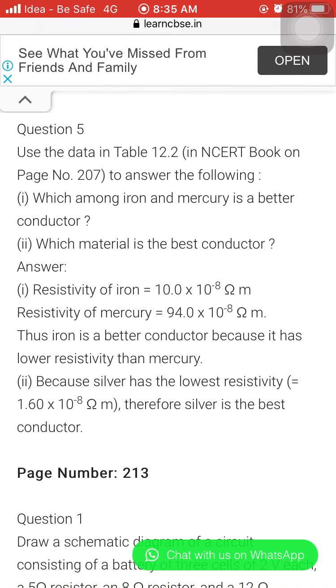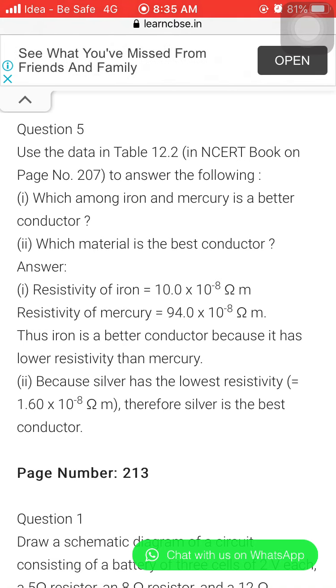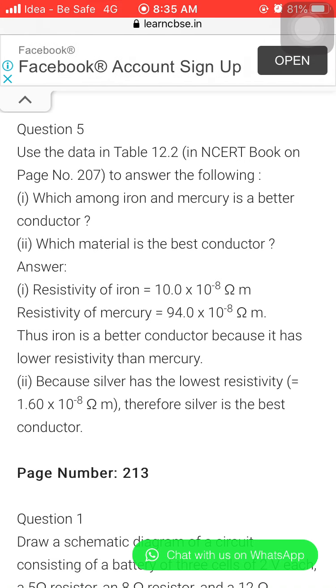Sorry, what we find here is that mercury has a higher resistivity. Higher resistivity means it obstructs the flow, whereas iron, having low resistivity, easily allows the current to flow, so iron is a better conductor.